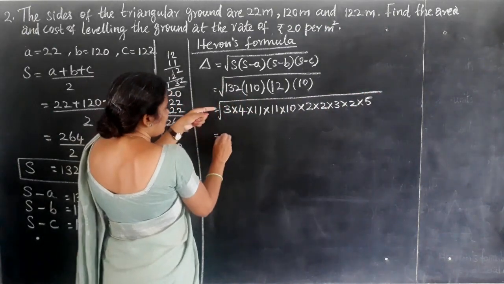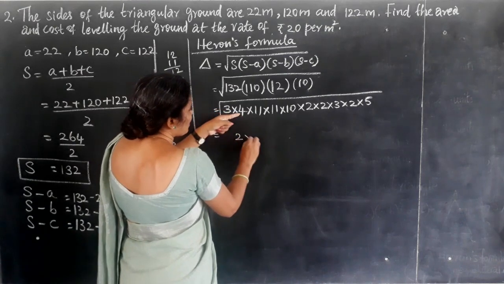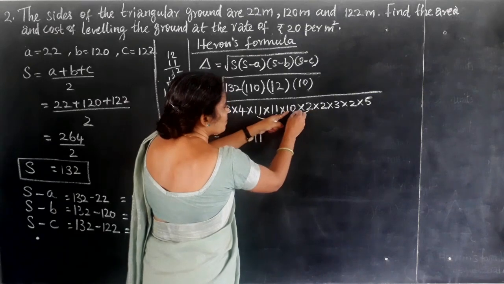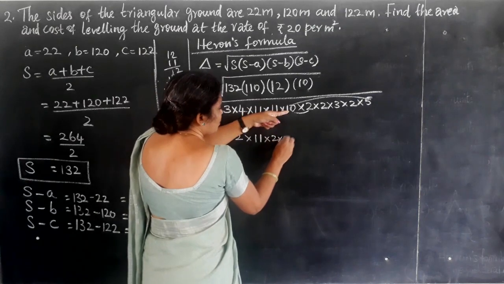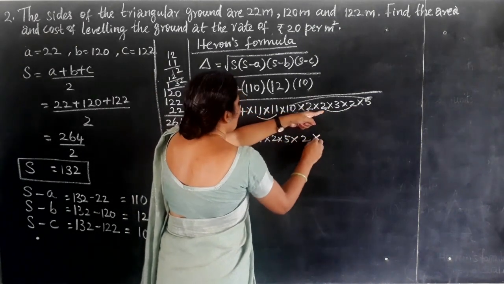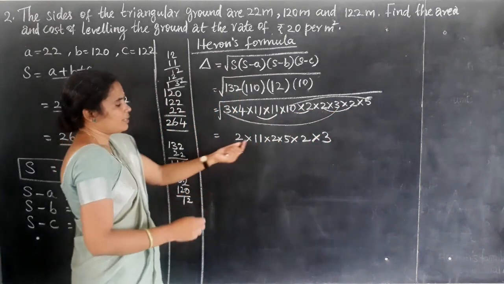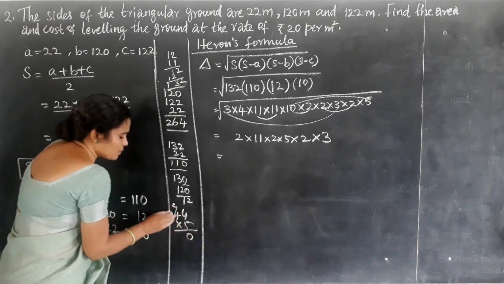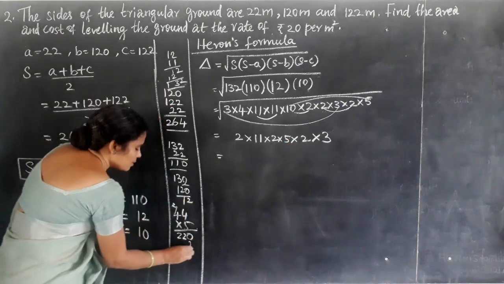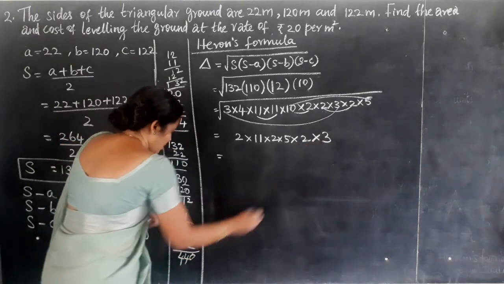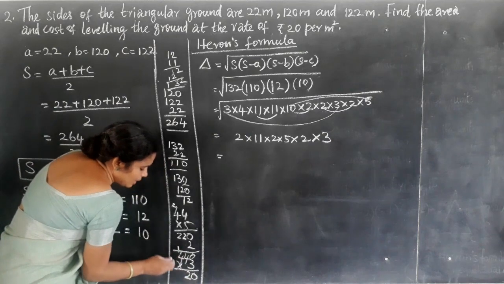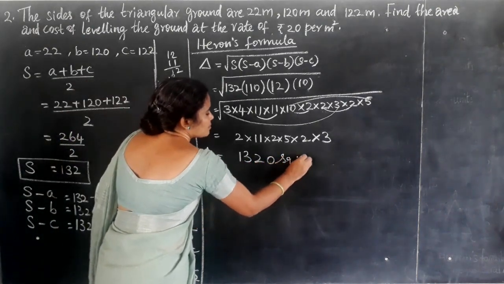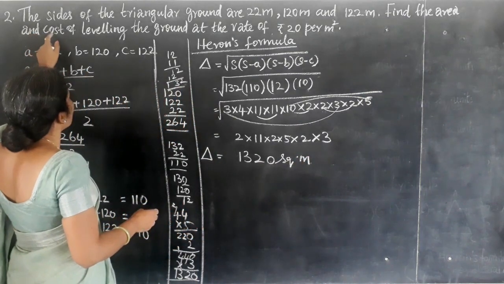Taking out the squares, 2 into 11, 2 into 5, 2 into 5 and 2 into 3. 11 twos are 22, 22 twos are 44, 44 into 5 is 220, and into 2 is 440, into 3 is 1320. So the area of the triangle is 1320 square meter.